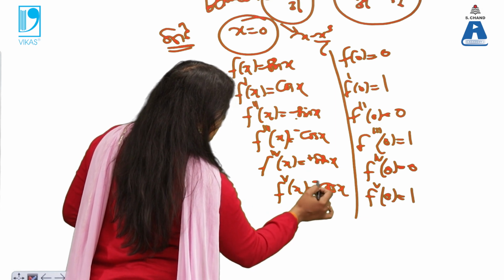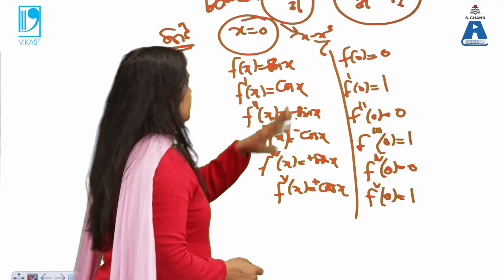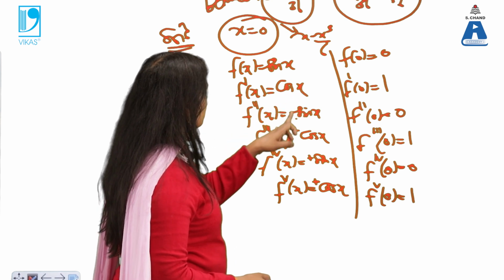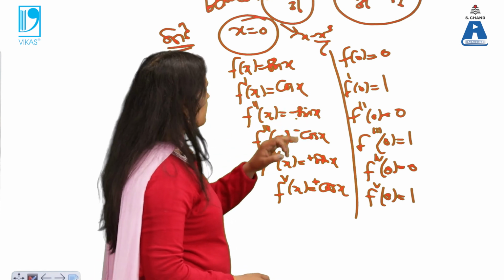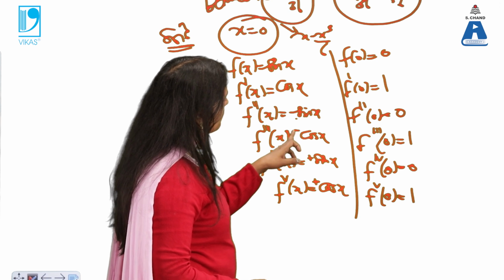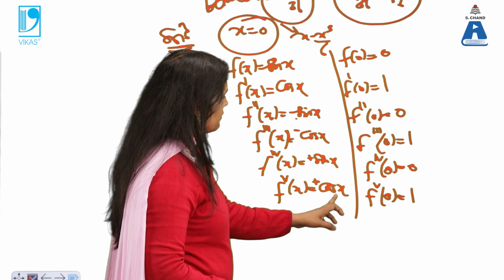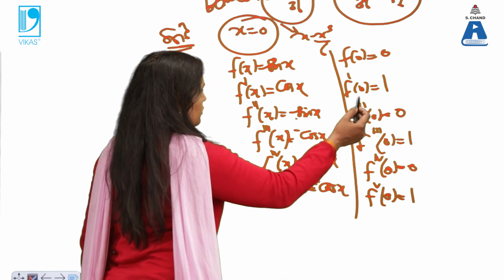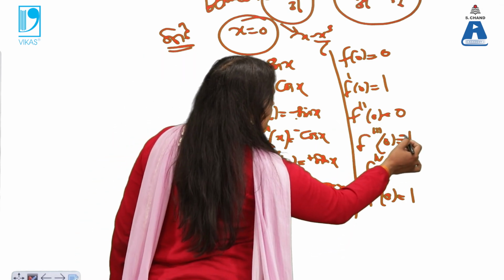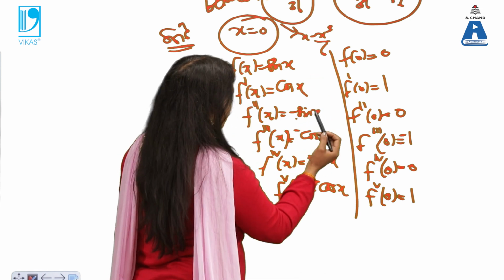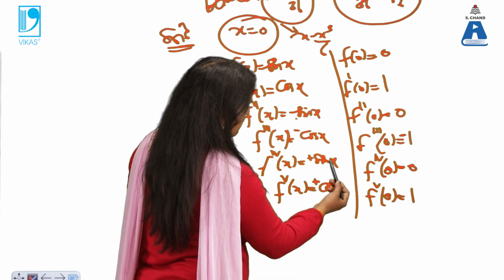It will be plus sin x, so derivative will be cos x, derivative is minus sin x, derivative is minus cos x, is sin x, and then this is fine now, sin x cos x. So the change will be here: 0 1 0 minus 1 0 and 1.